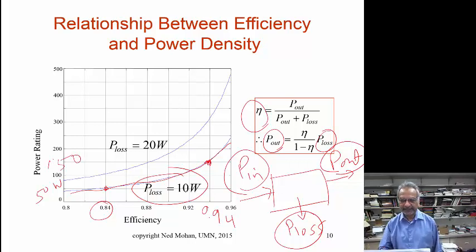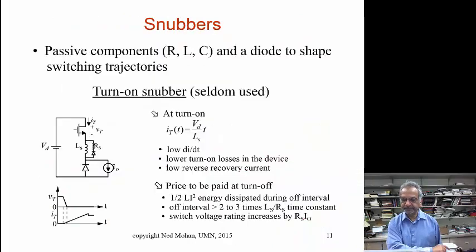So you can see that in the same package, if this thermal loss is dictating the size of the package, then you can have 3 times the output power, and therefore the power density is tripled for the same amount of loss here. So minimizing losses is very important, not only in terms of the cost of wasted energy, but also in terms of the size of the package.